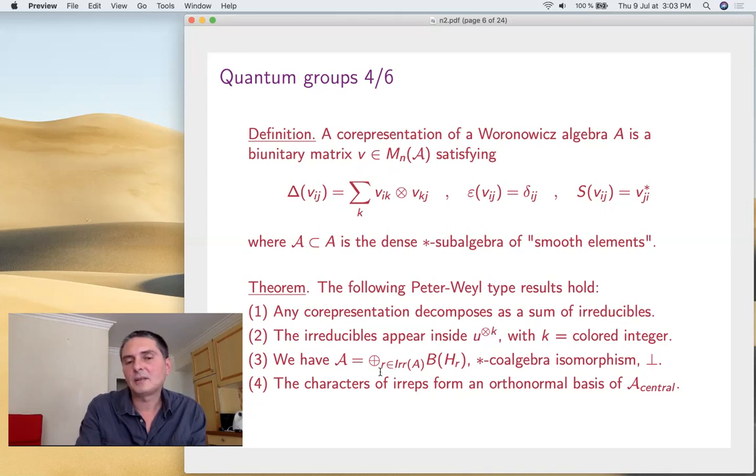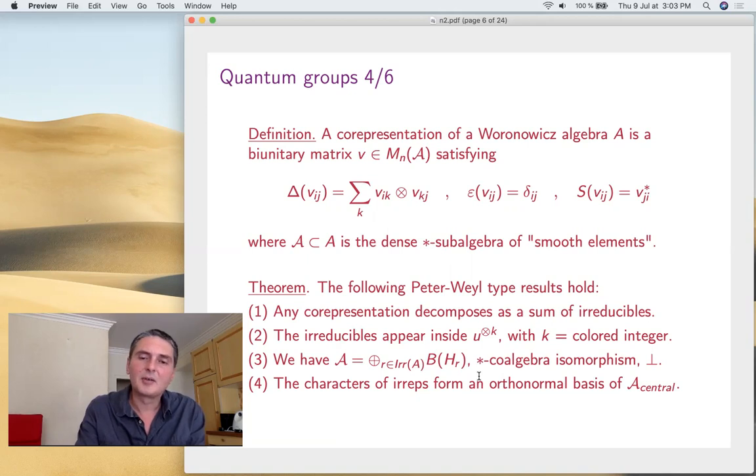Now, what else? A is the dense subalgebra of smooth elements somehow, the one generated by the u_ij, and it decomposes as a direct sum of spaces of coefficients of irreducibles. That's of course not an algebra isomorphism, right? When A is commutative, for instance, this is true. So it's not a sum of matrix algebras, it's a co-algebra isomorphism.